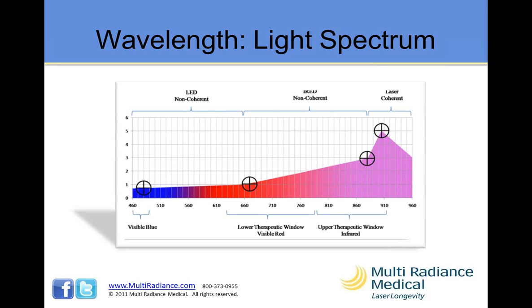And within that wide spectrum, there are two therapeutic windows. The lower therapeutic window, which is our visible red, and then the upper therapeutic window, which is our infrared. So we tend to use the wavelengths between about 600 to 900 in that range for our therapeutic effects.